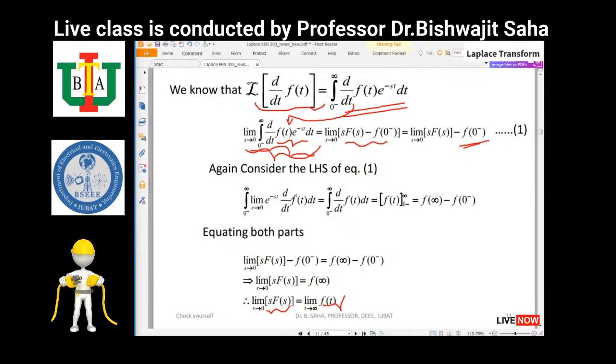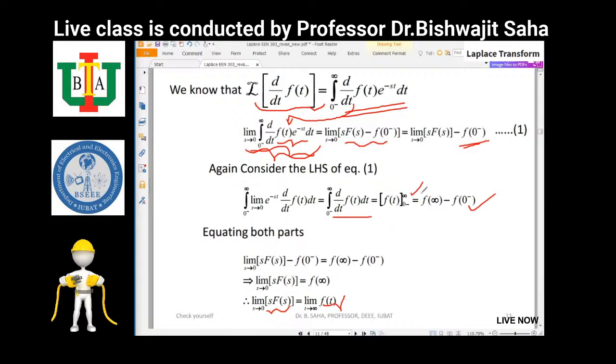So e to the power minus s t dt, if we put the value of s as 0, then e to the power minus s t becomes 1. So ultimately, what is coming? Integral 0 minus to infinity d by dt f of t dt. Then we integrate this part and we find f of t from 0 minus to infinity. Putting the values, f of infinity minus f of 0 minus. Finish.